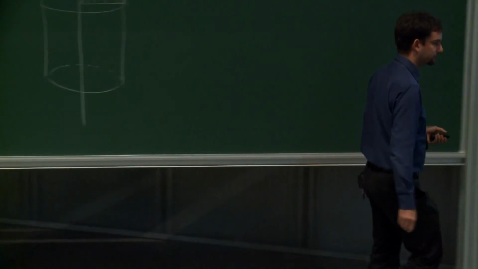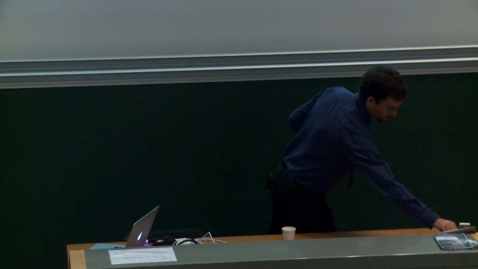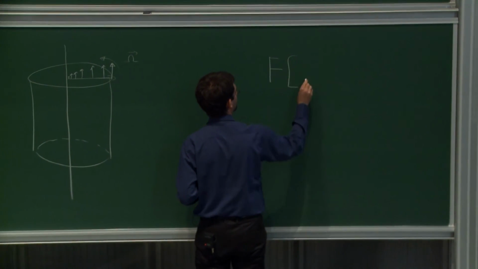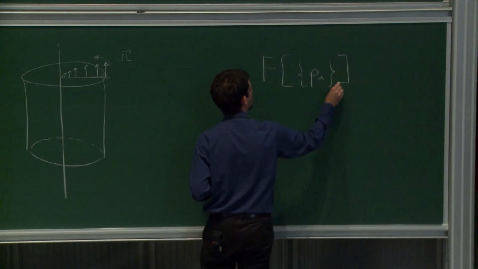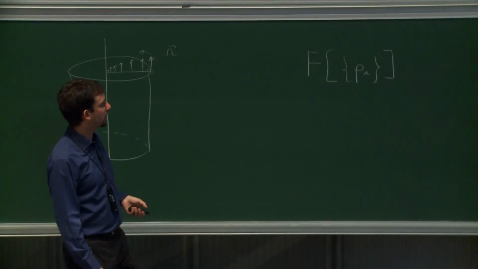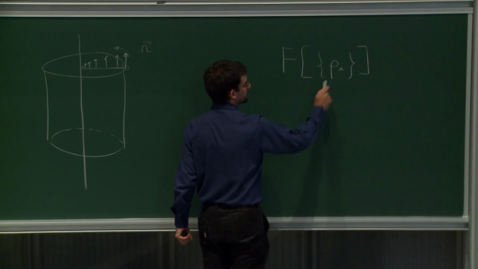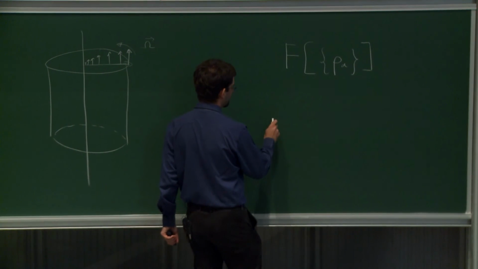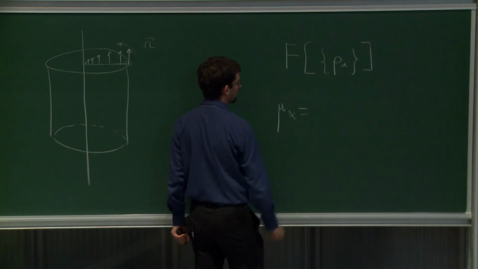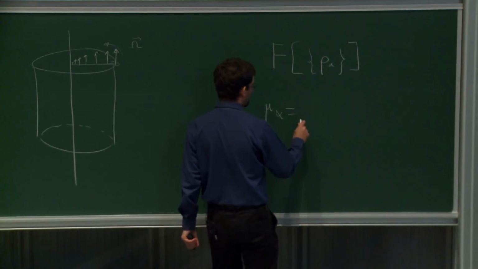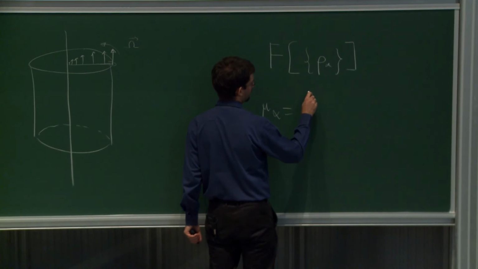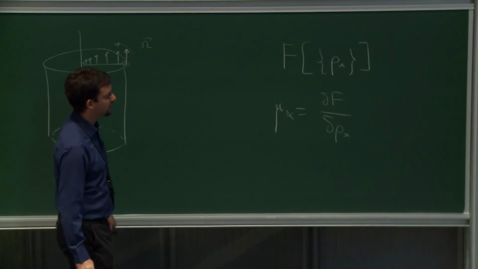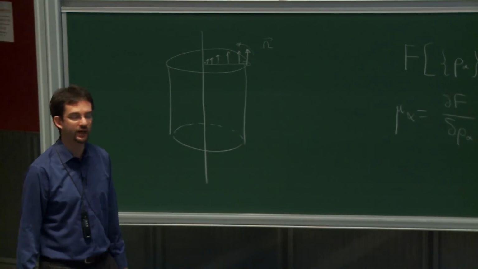So if you have a free energy model for your free energy as a function of the density in each species, where alpha would be the index for your species in your system, then you can compute the chemical potential of each species locally as a functional derivative of this free energy functional with respect to each composition variable.